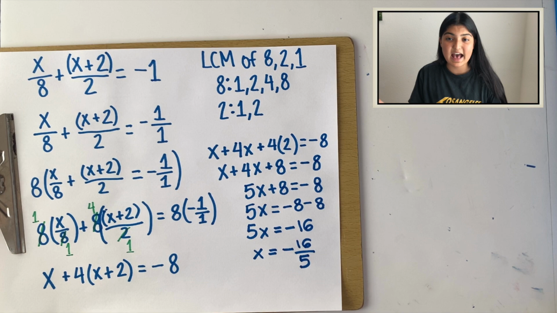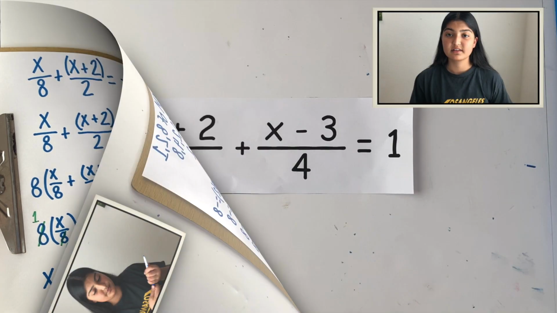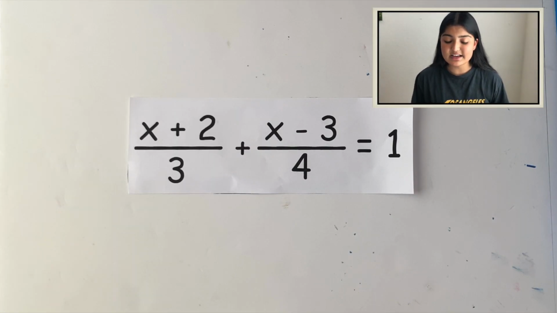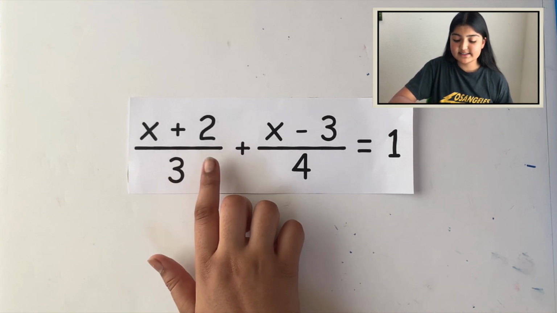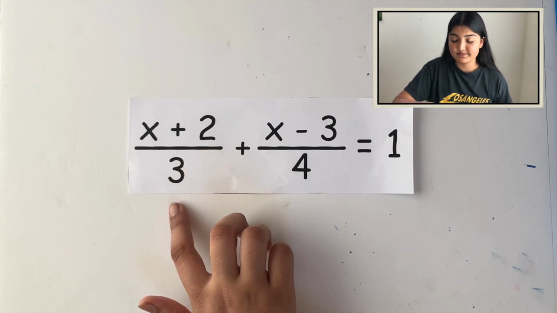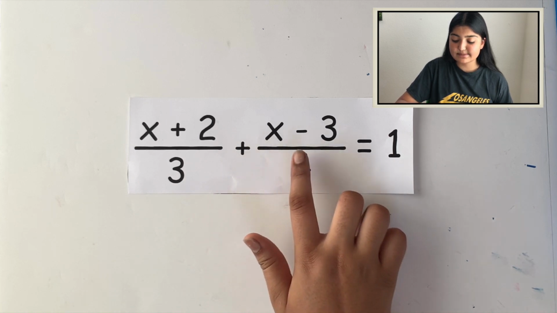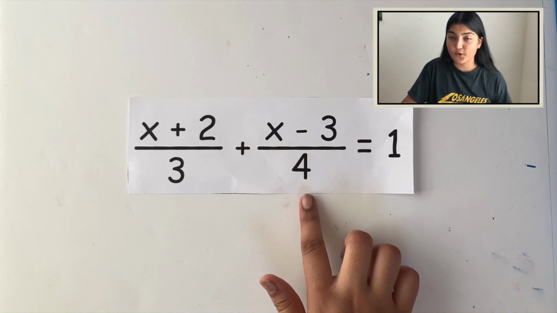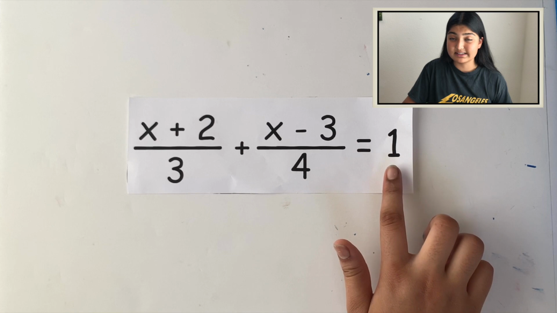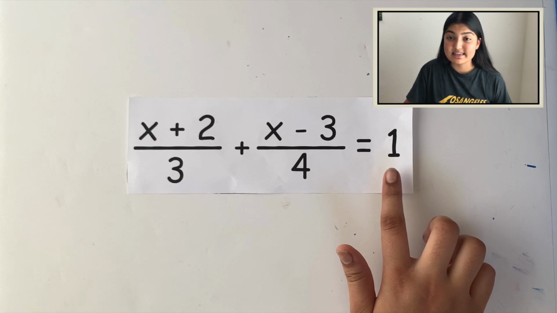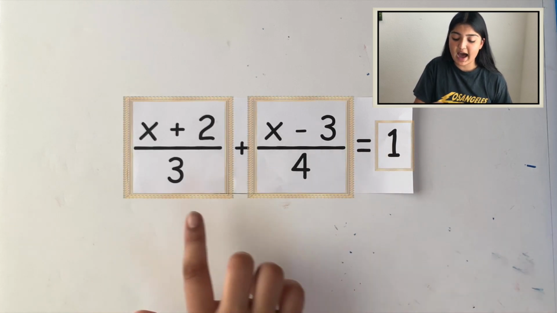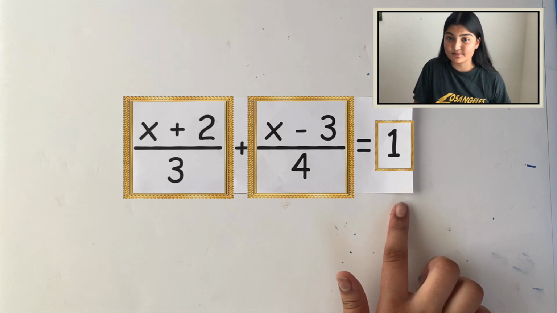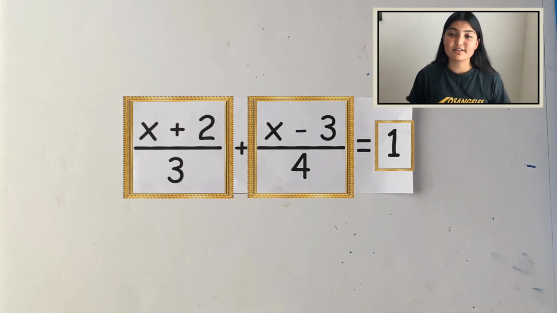Now let's look at another example. Here's another equation. x plus 2 over 3 plus x minus 3 over 4 is equal to 1. This equation also has 3 terms. So let's start by writing this equation again.